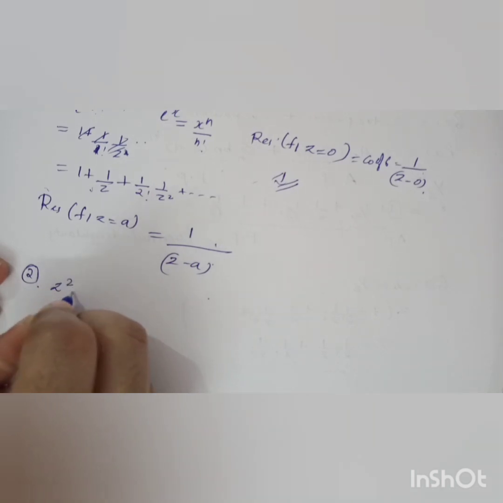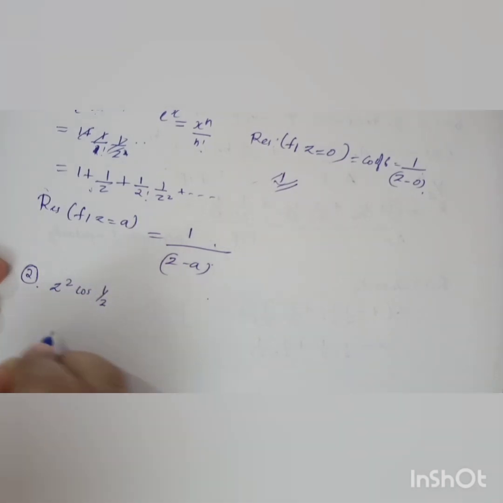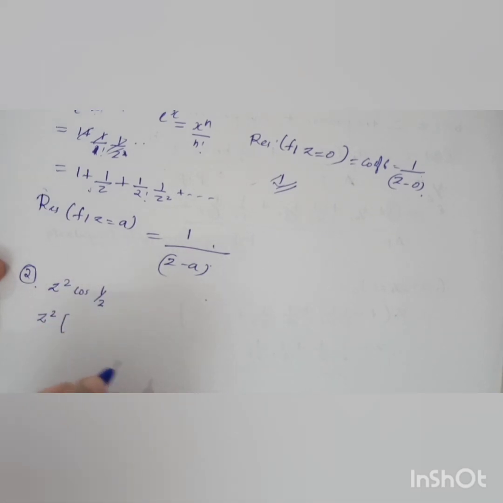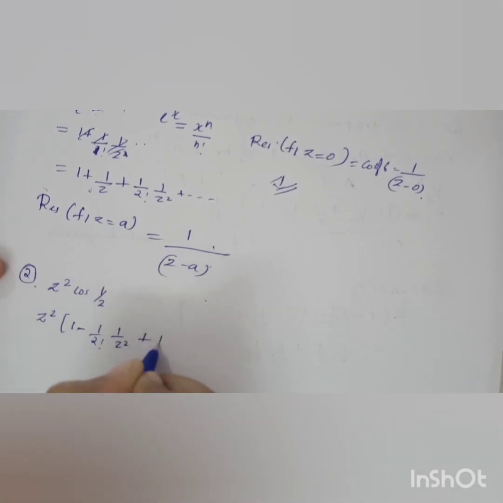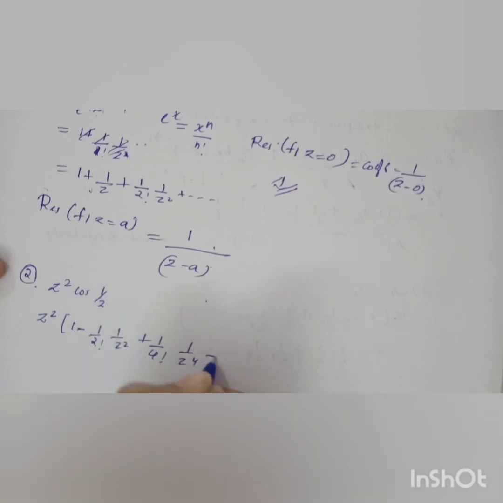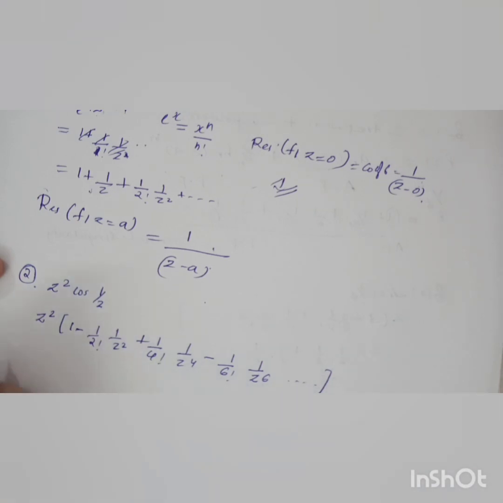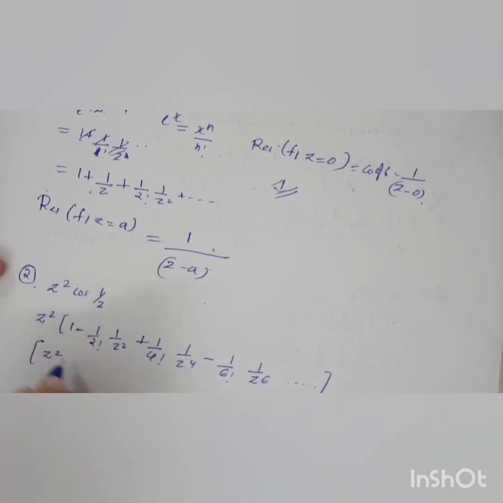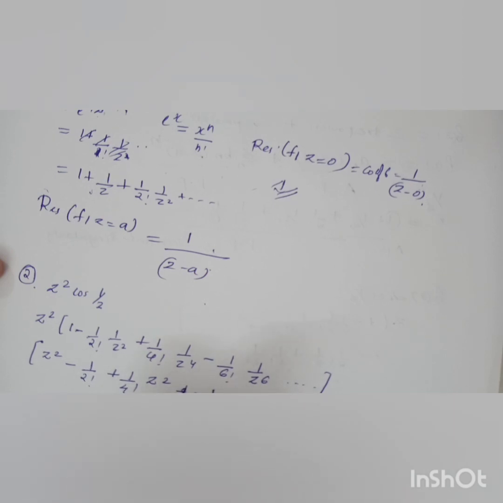Consider a function z square into cos of 1 by z. That is equal to z square times 1 minus 1 by 2 factorial 1 by z square plus 1 by 4 factorial 1 by z power 4 minus 1 by 6 factorial 1 by z power 6, like that. Multiplying, we get z square minus 1 by 2 factorial plus 1 by 4 factorial 1 by z square minus 1 by 6 factorial 1 by z power 4, like that.